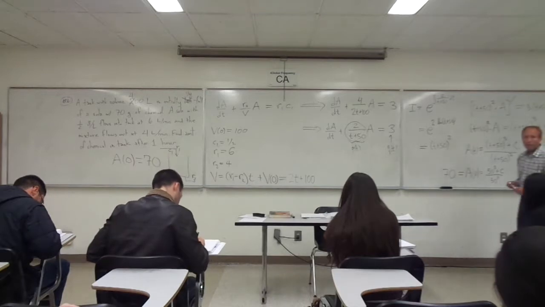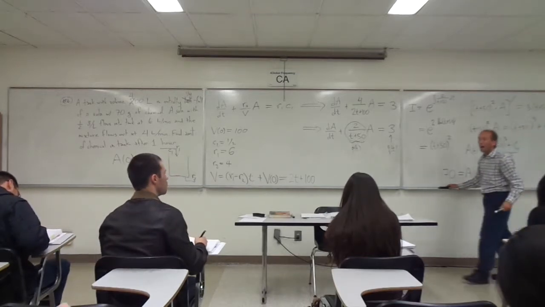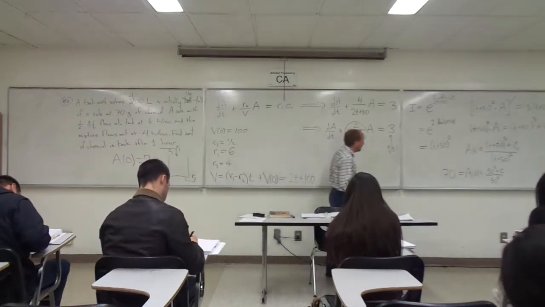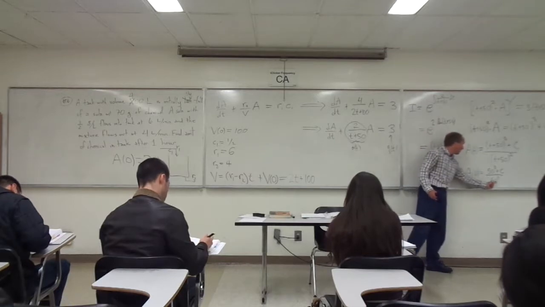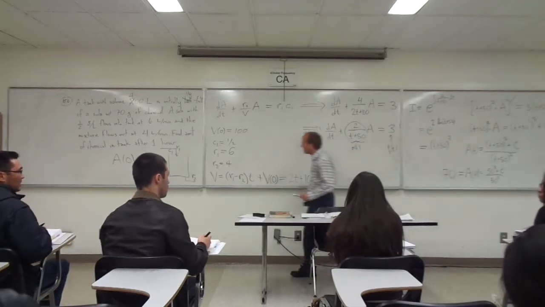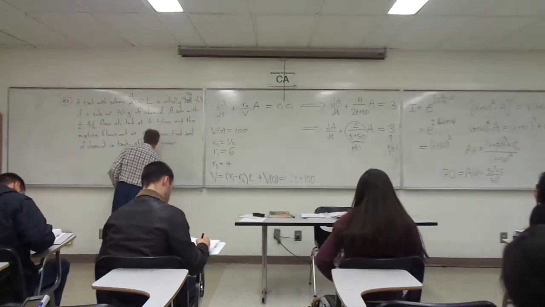Does anybody have a calculator? You can't on the test, but we can use it now. If somebody has a calculator, I'd like to know what is 70 times 50 squared minus 50 cubed. I want to solve for c, basically. 50,000.